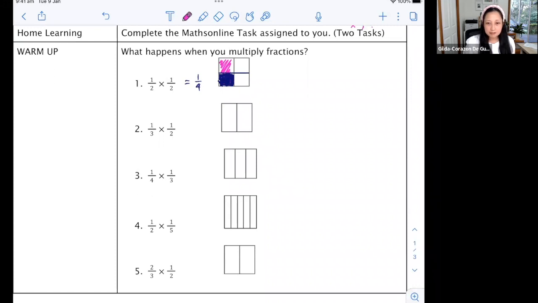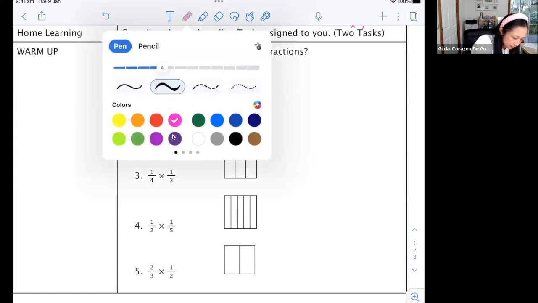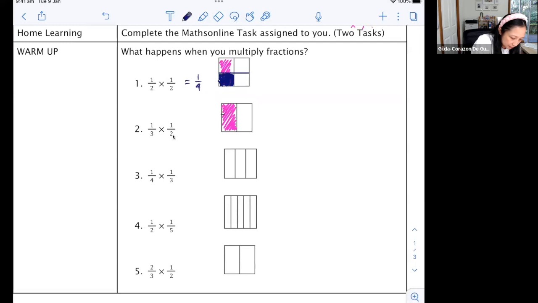We can do that with the other one. This time we've got 1/3 of a half. So again, we shade in what's 1/2. That's a half. We want to get 1/3 of that, so we divide it horizontally into thirds, the best way we can divide them into equal parts.